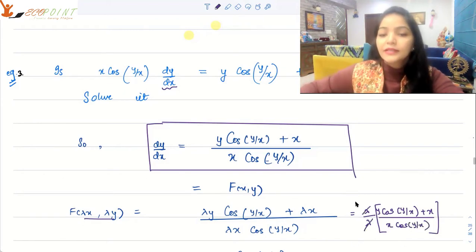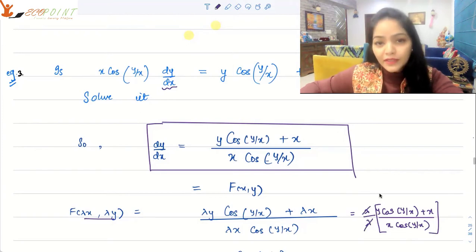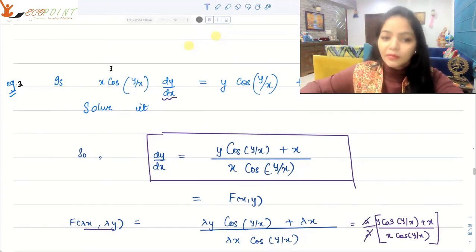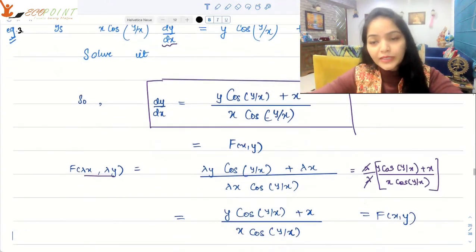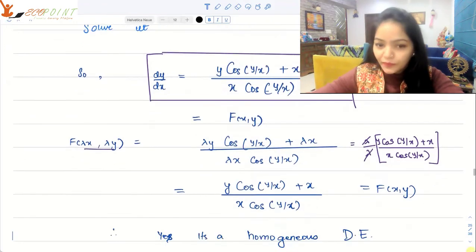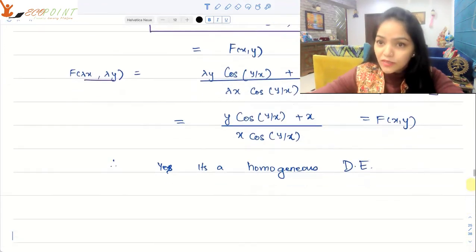Lambda, lambda cancels, and you do have f(x, y) itself. So this is homogeneous. This function is homogeneous of degree 0, which means it's a homogeneous differential equation.